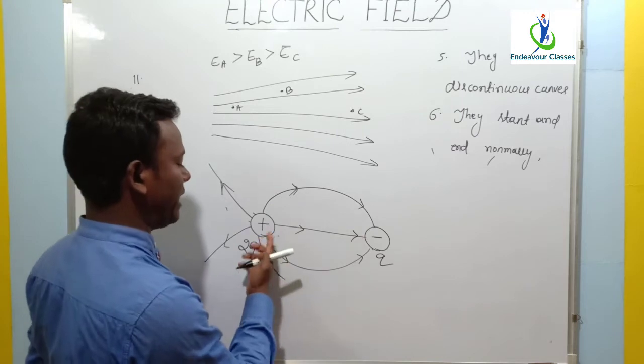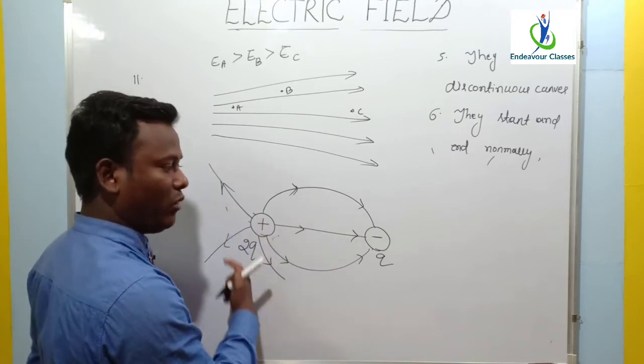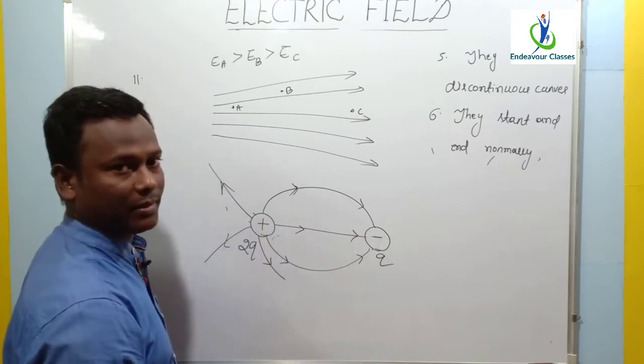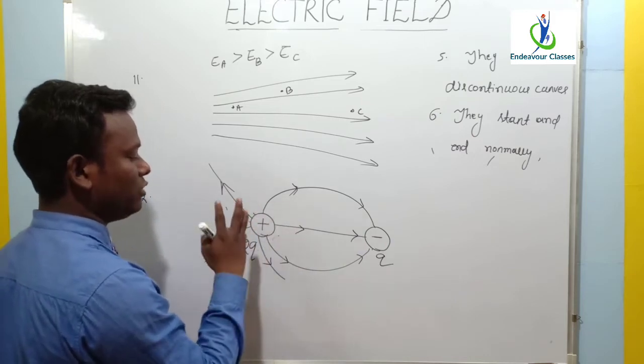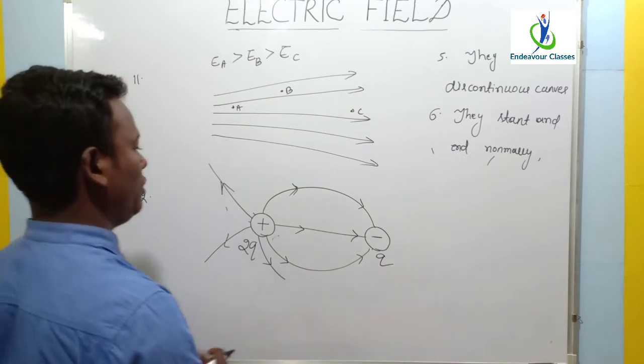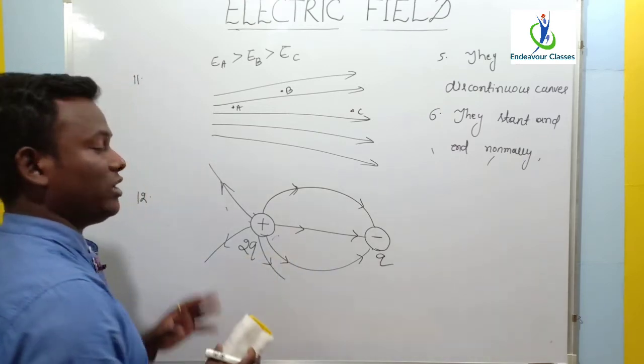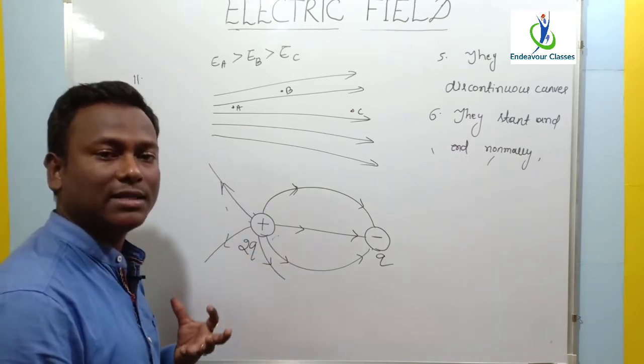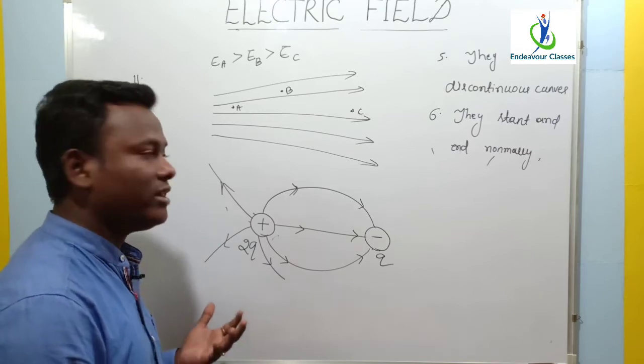So the magnitude of this charge must be twice that of this charge. That is why it gives rise to double the number of lines of force. So the number of lines of force originating or terminating on a charge is proportional to the strength of the charge.